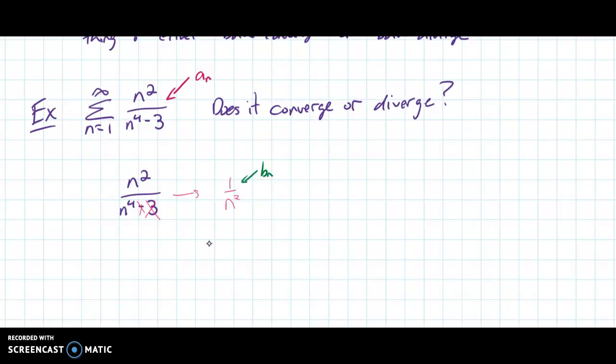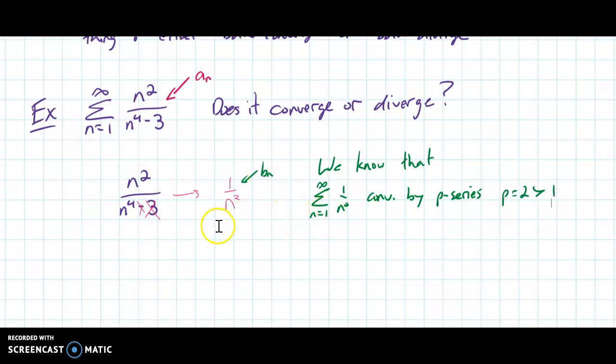So we know that sigma n equals 1 to infinity of 1 over n squared converges by p series with p equal to 2, which is greater than 1. We did that earlier up top. So what I'm going to try to do now is LCT it and show that this thing also converges by p series. So I will write it out.